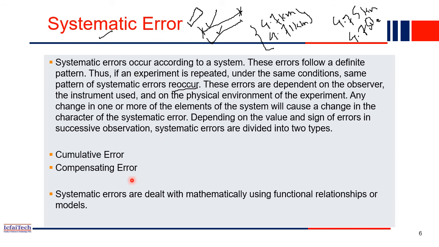Systematic error is also classified into two parts. One is cumulative error, and the second one is compensative error. What is cumulative error? As I mentioned in the earlier example, suppose you are using a millimeter, centimeter scale, and with this scale you want to measure a distance in a field, from this point to this point. This instrument has maybe a small error, or this person always mistakenly starts the counting from the second number.